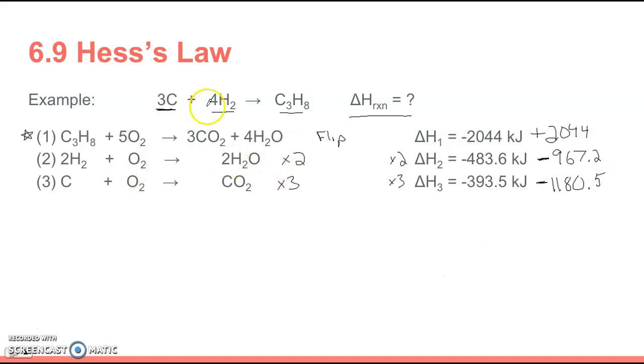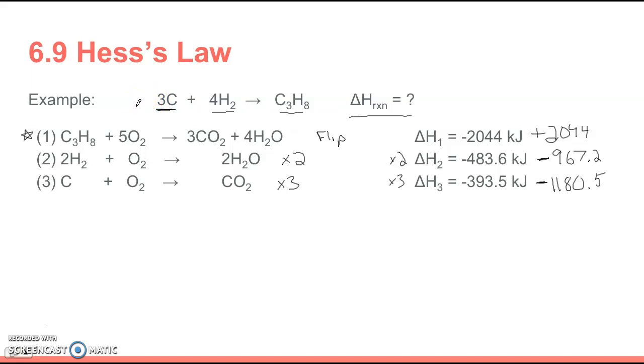So you look for things that only show up in one of these known equations. Things like oxygen, water, and other species that are found in these equations but aren't in the unknown equation will cancel out when you manipulate them and put them all together.